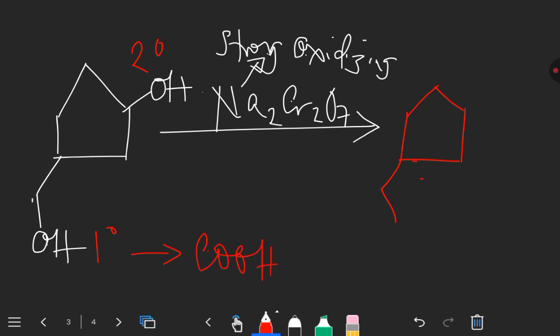Okay, so we'll have a carboxylic acid at this point. Then to convert this secondary alcohol to a ketone, we should have a ketone at that point. So secondary alcohols will be converted to a ketone.